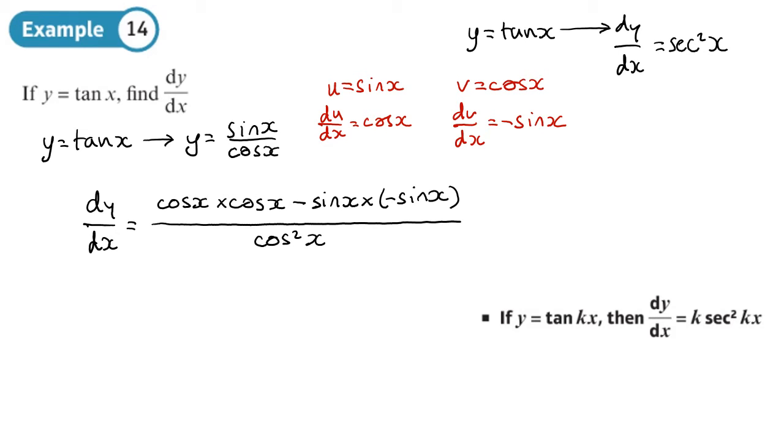Right, so what do we have at the top here? We basically have cos squared x plus sine squared x over cos squared x.